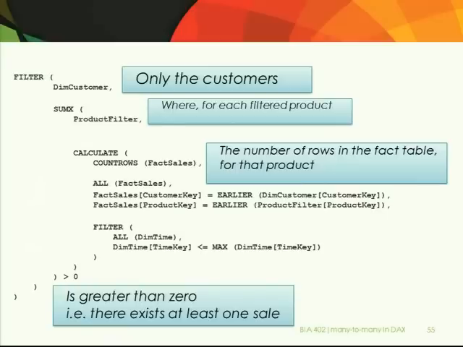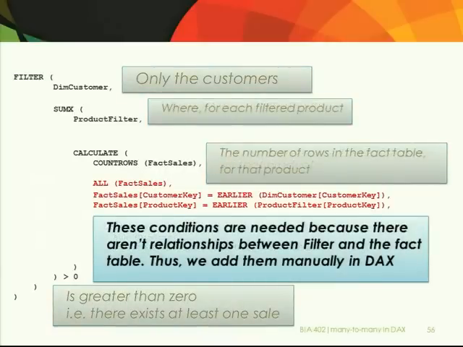Nevertheless, the formula is still complicated by the presence of these two rows. And these two rows are there just because we could not create a relationship between the fact table and the product filter table, and we use these rows to filter the fact table following the relationship with product filter.